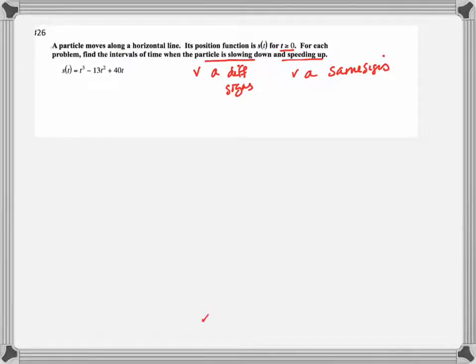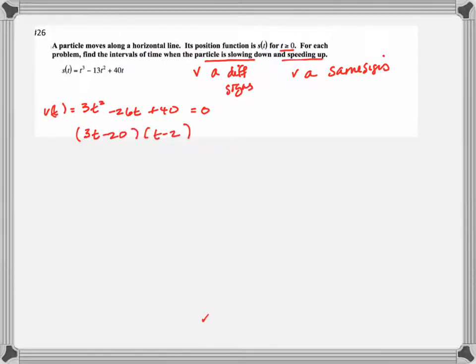So v of t would be 3t squared minus 26t plus 40. We set that equal to 0 and factor it. I factored it to (3t minus 20)(t minus 2).